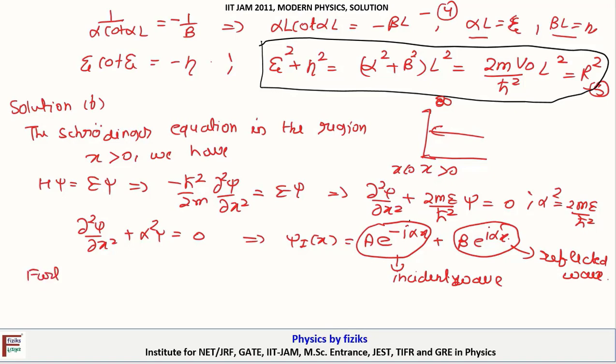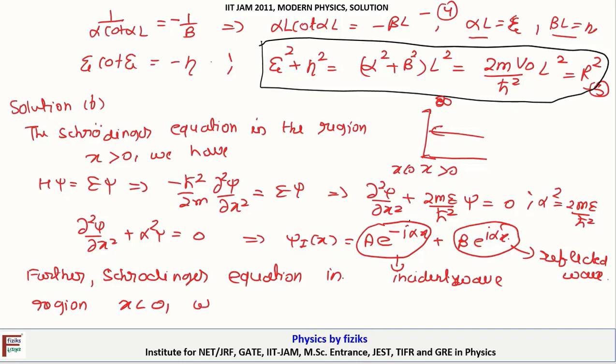Further, in the Schrödinger equation in the region x less than 0, we have H psi equals to 0 into E psi.